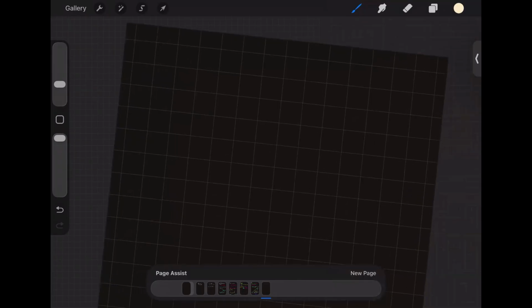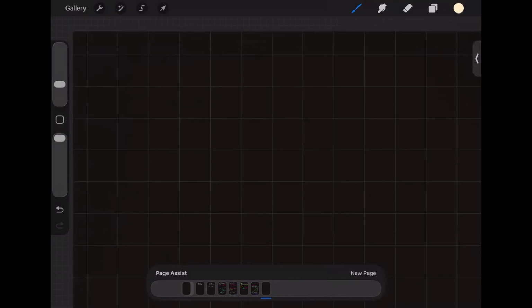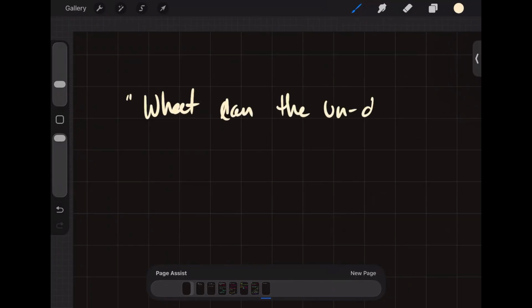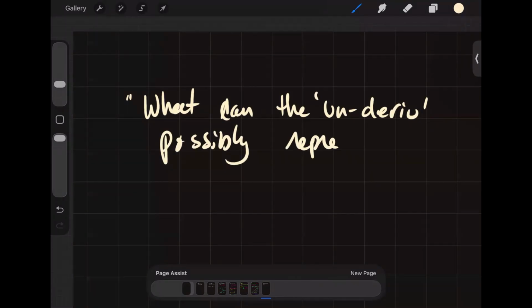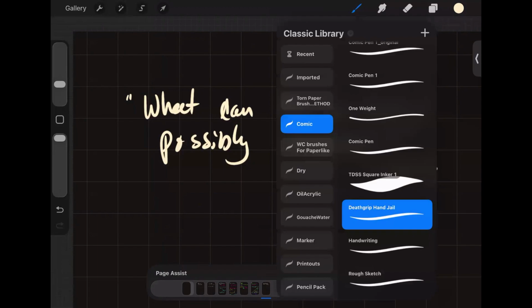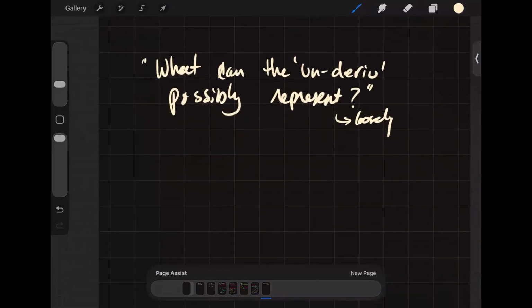Now, loosely speaking, actually, let's try that again. What can the antiderivative possibly represent? Very loosely, because there's a bit of nuance here that we'll get into at a later lecture.